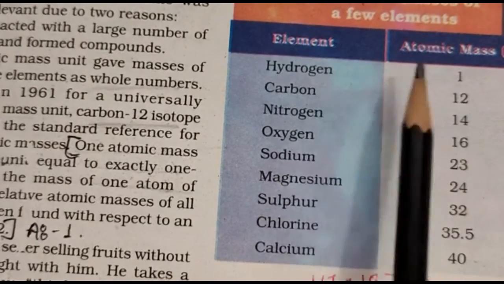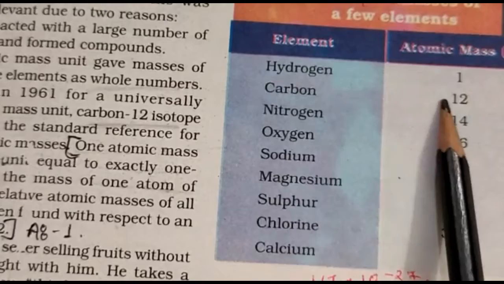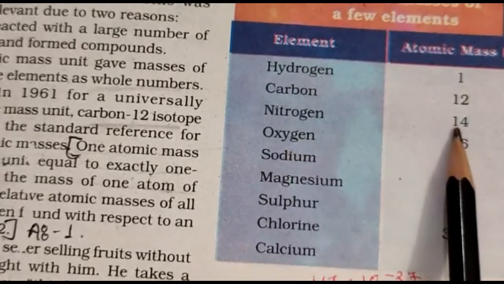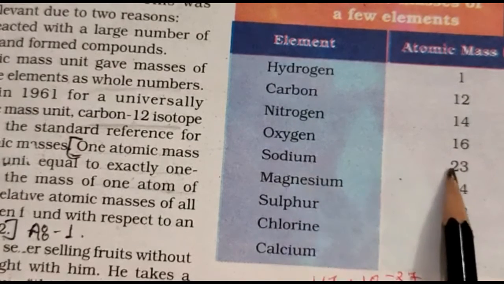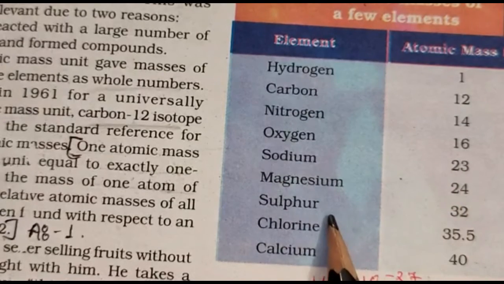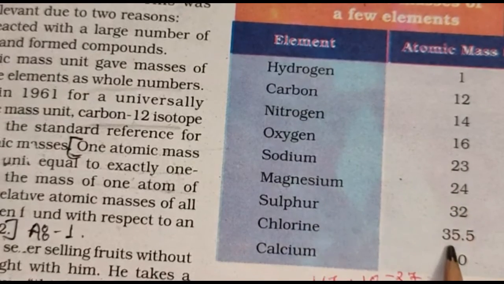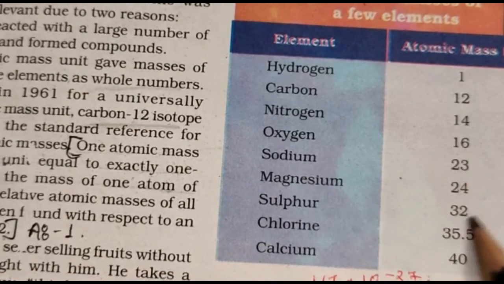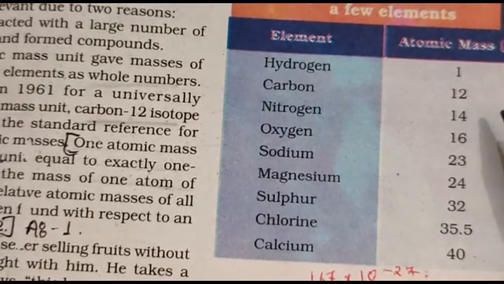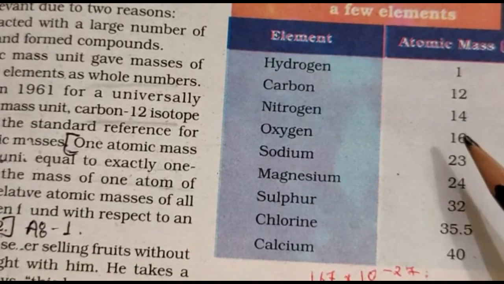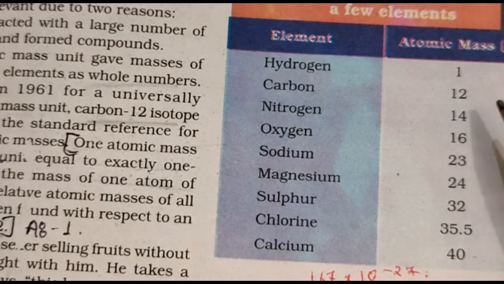Hydrogen 1, carbon 12, nitrogen 14, oxygen 16, sodium 23, magnesium 24, sulfur 32, chlorine 35.5, and calcium 40. Listen children, we have no need to learn atomic masses. Whenever you are asked a question where you have to use atomic mass, you will be given the value of atomic mass.